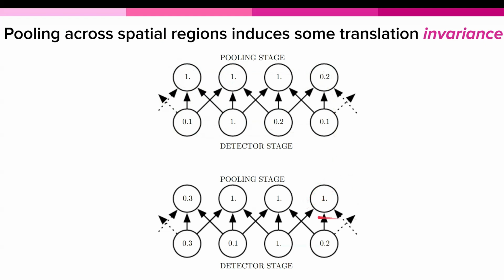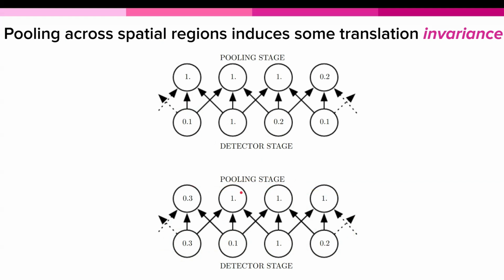In the bottom diagram, this is the same network, but the input has just been shifted one pixel to the right. Now 0.1 appears in the second position, 1 appears in the third position, 0.2 in the fourth position, and there's a new pixel, 0.3, at the left. Whereas all the values in the detector stage have shifted, only half the values in the pooling stage have shifted.